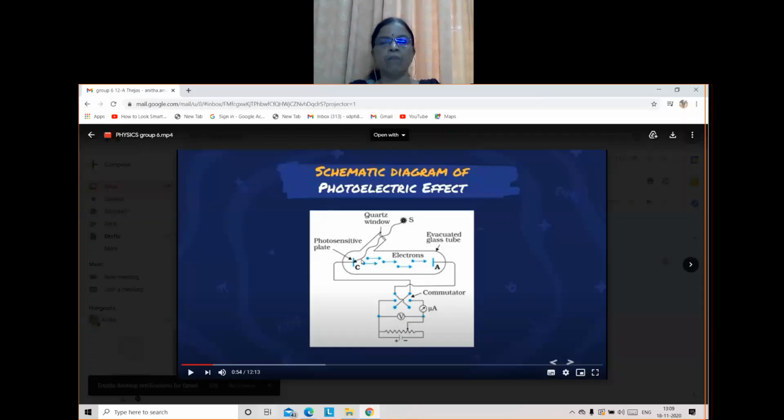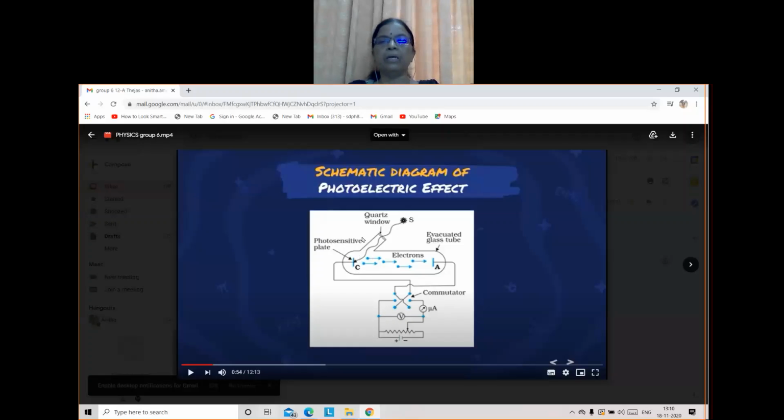For a particular metal, for example a zinc plate, when ultraviolet radiations are incident, then electrons will be ejected from it. Suppose it is another material, lithium, sodium, etc., then even with visible light, it will emit electrons. Understood? So that depends upon the metal plate.